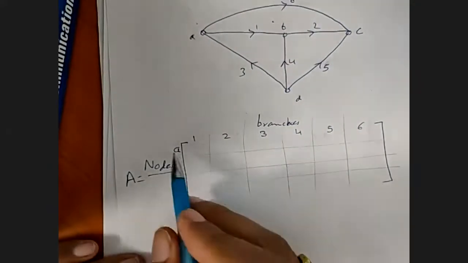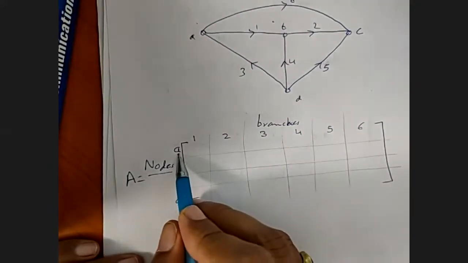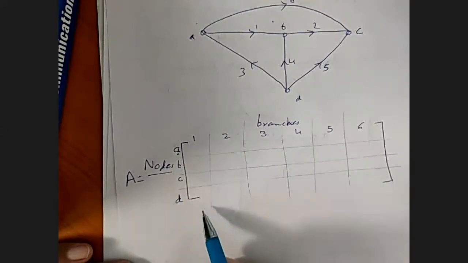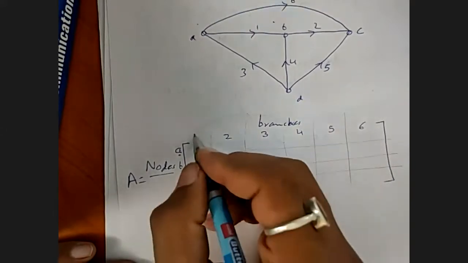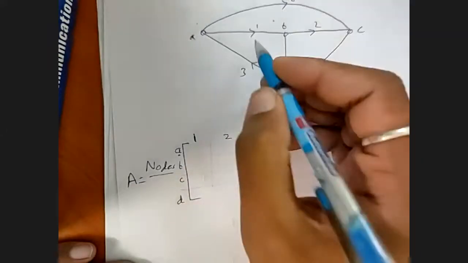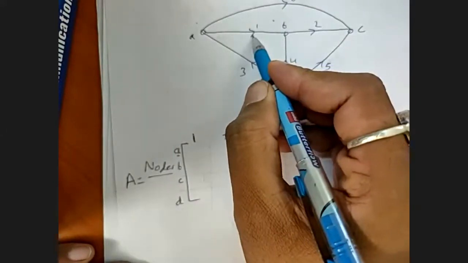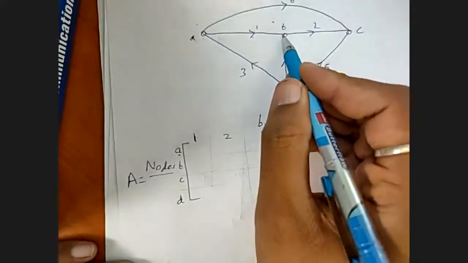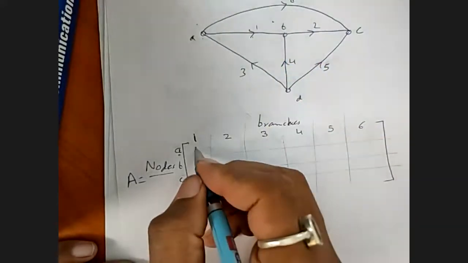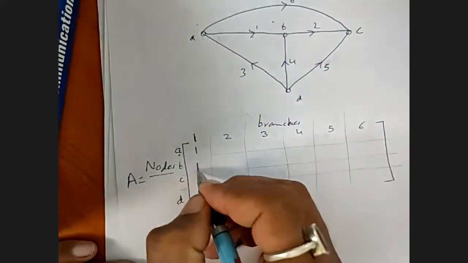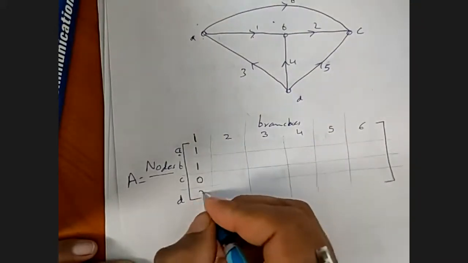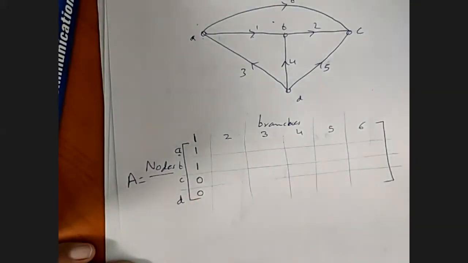Now node number A, or you can go from branches also. Branch number 1 is connected to node A and node B. That means at node A and node B we will have nonzero entries, and at C and D we will have 0.